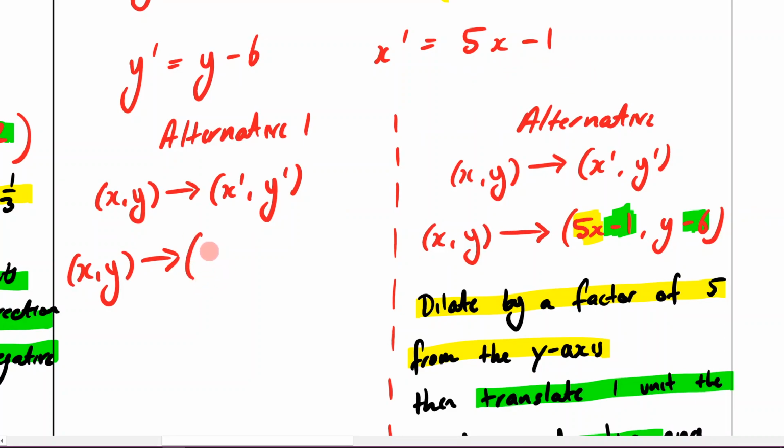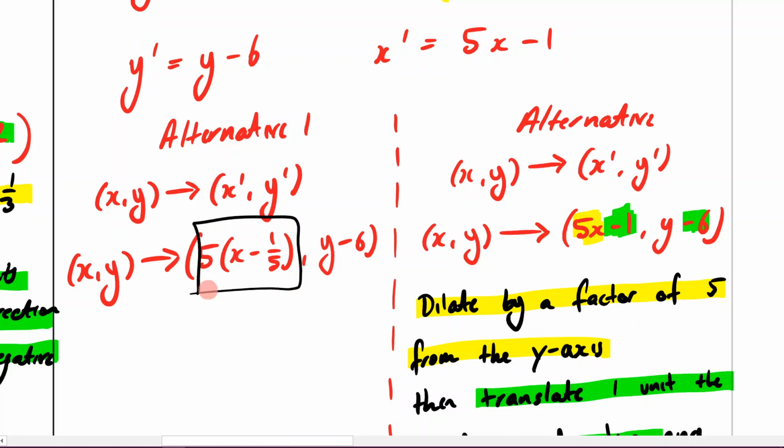I could take 5 out, and that would leave me with x minus 1 on 5. And for y dash it is just y minus 6. What's really important here is for you to realize that by factorizing, this is different to that, and that changes the sequence of the transformation. The sequence changes.